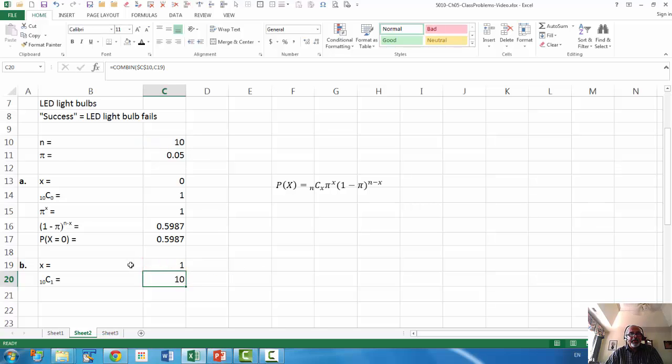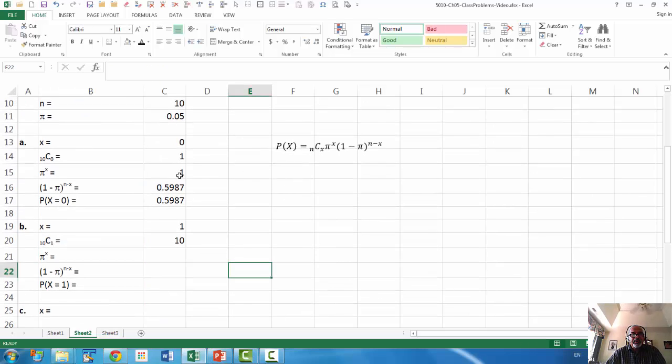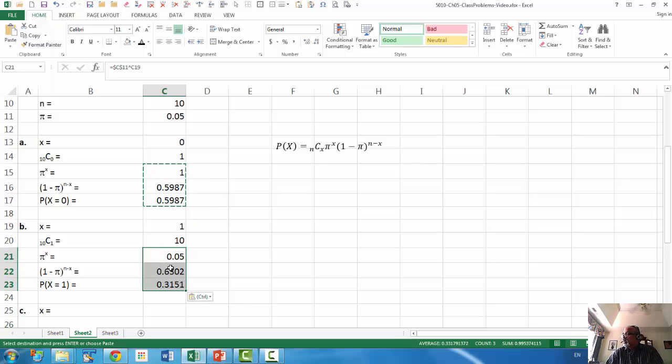The rest of them, again, we have set the formulas up correctly, so all you have to do is simply copy those formulas down and you get the answer. So here is pi to the power of X, 1 minus pi to the power of n minus X, and then the product of those three.